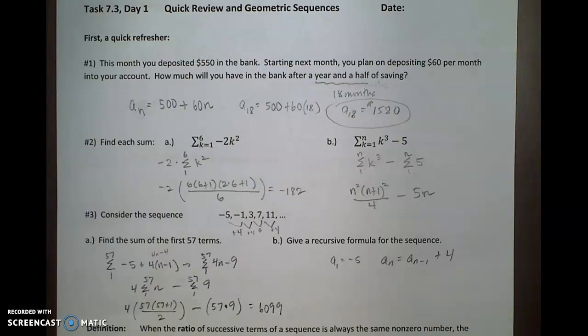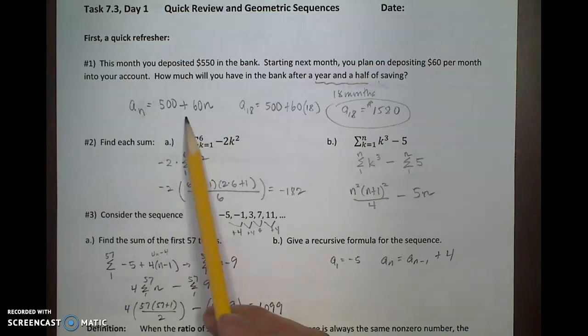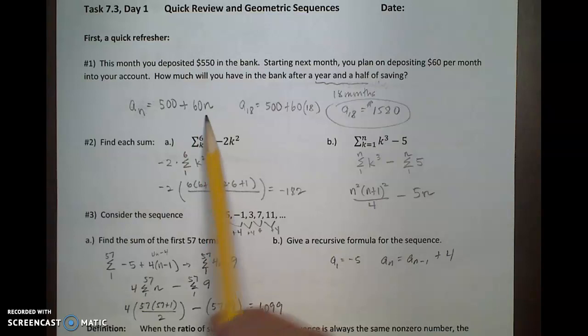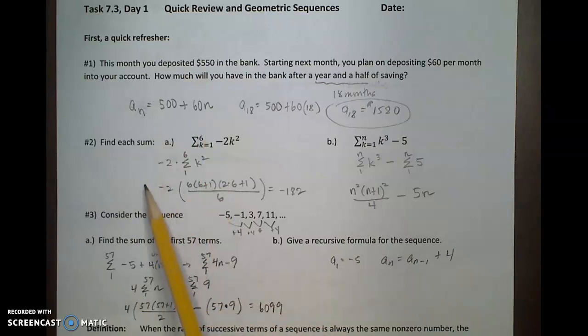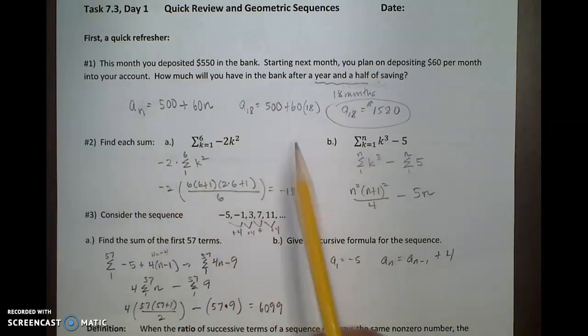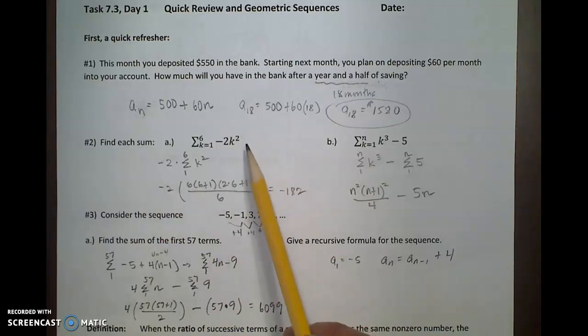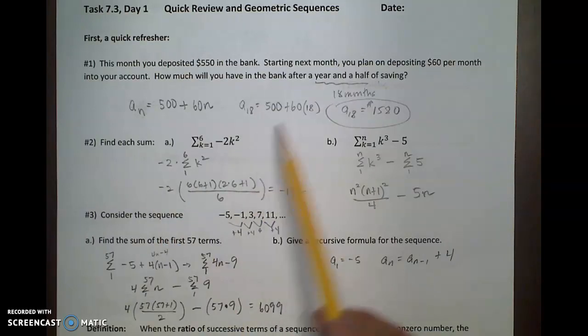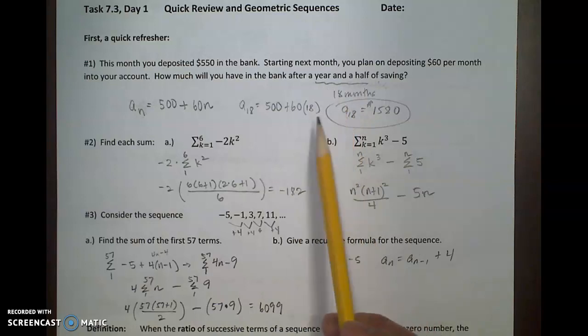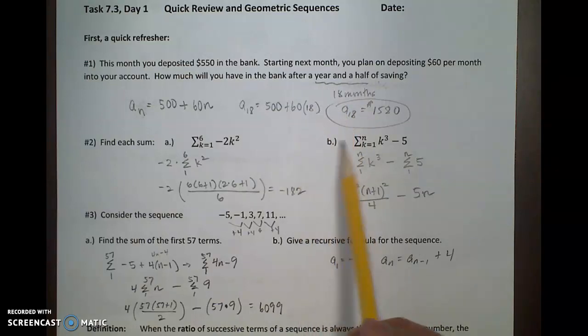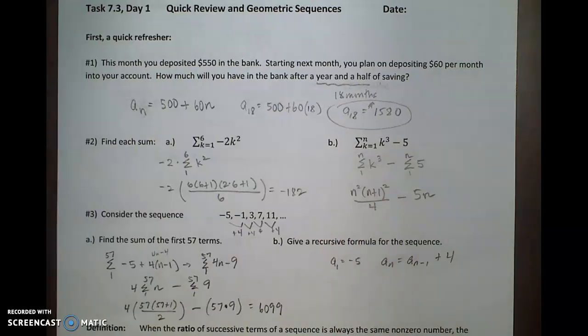So you have an initial value of $500 to start the account, and we're adding $60 each month, where N is going to represent how many months we're saving. Okay, so using that explicit, a year and a half is 18 months, so we plug 18 in for N, and we get $1,580 saved after 18 months.